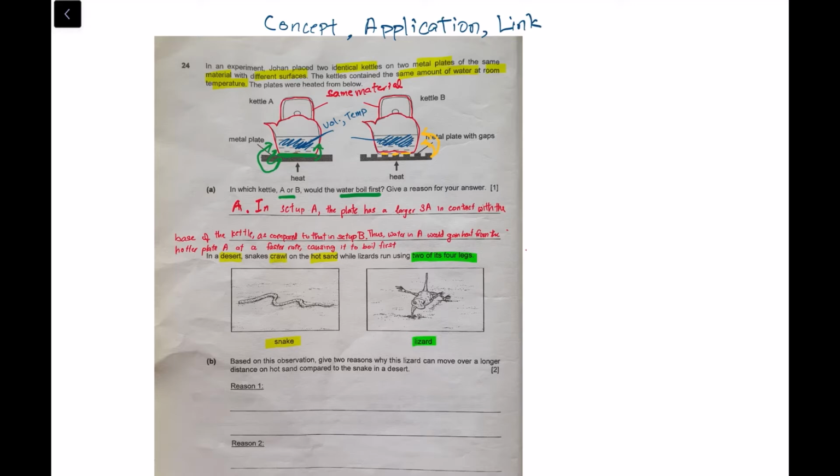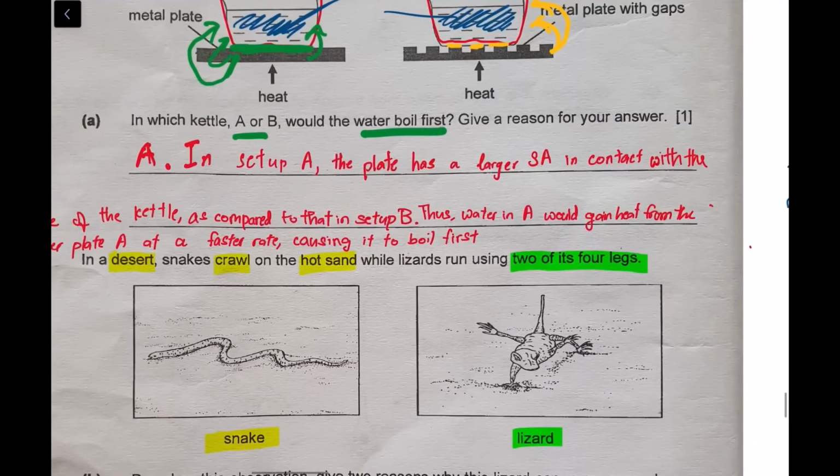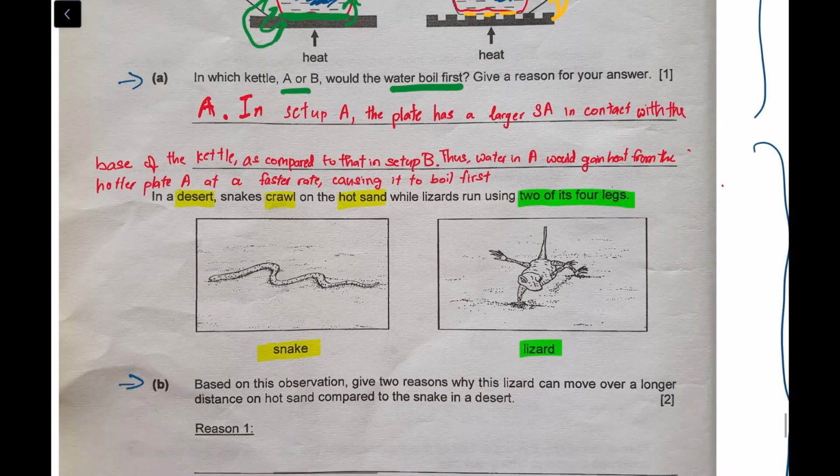So the first part was a conceptual question, and then the second part is the application and the link. So we have to apply what we wrote in part A into part B.